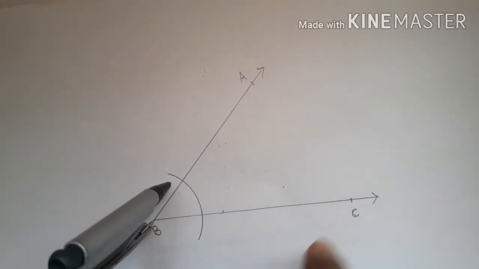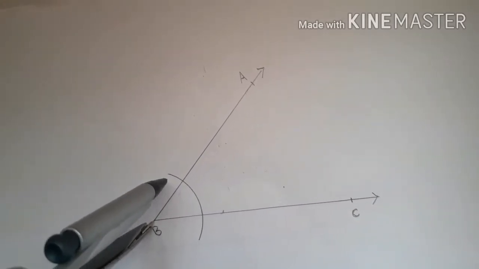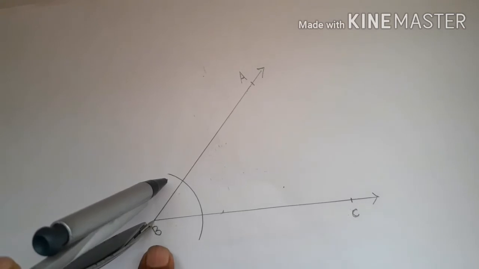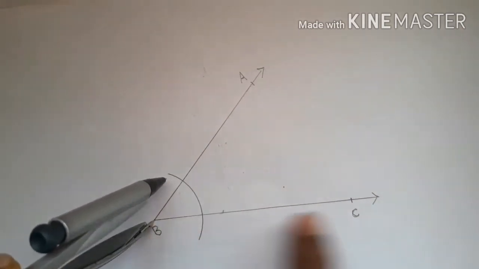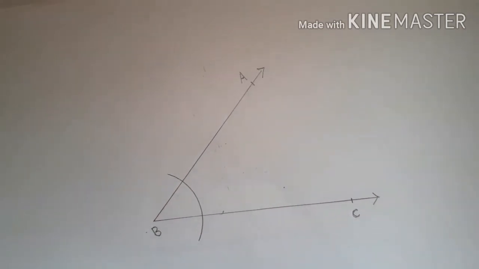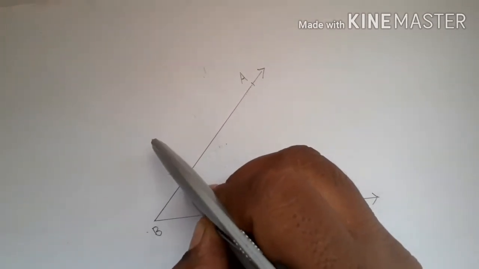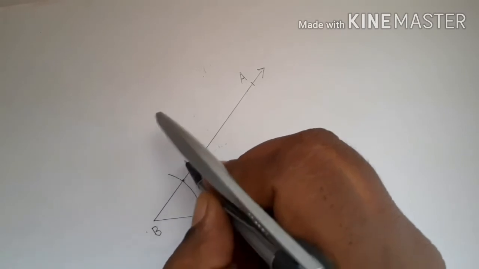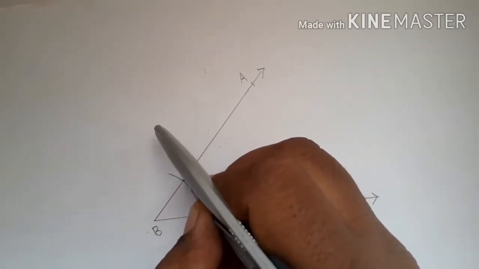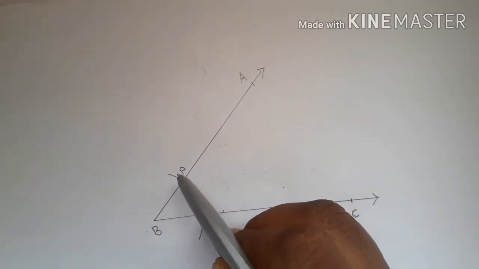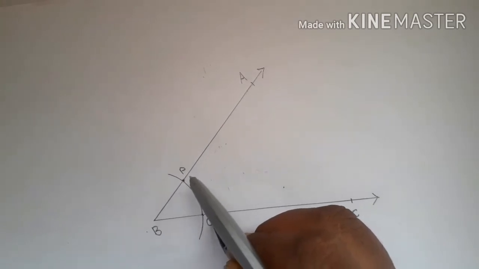I have drawn an arc to cut both rays, ray BA and ray BC. Now I am giving names to these points of intersection, here P and here Q.